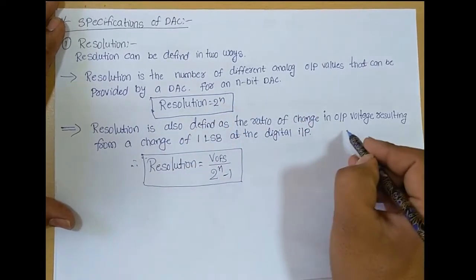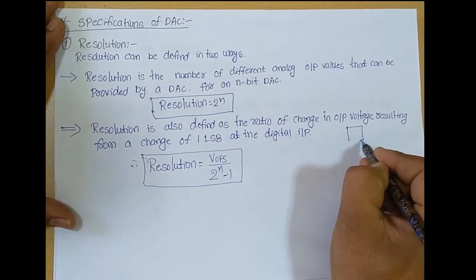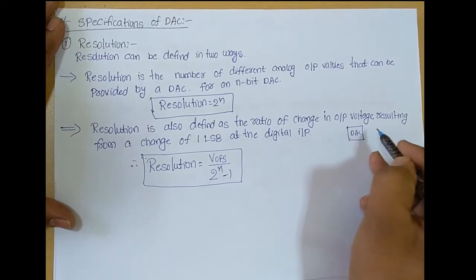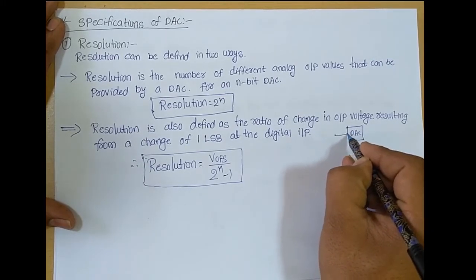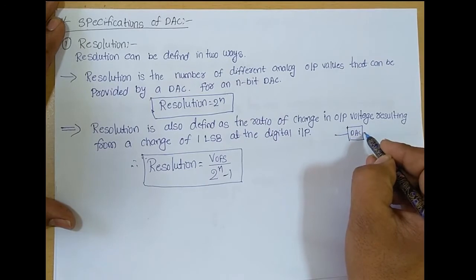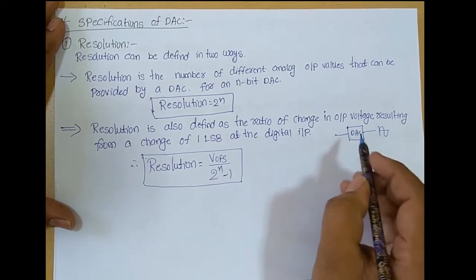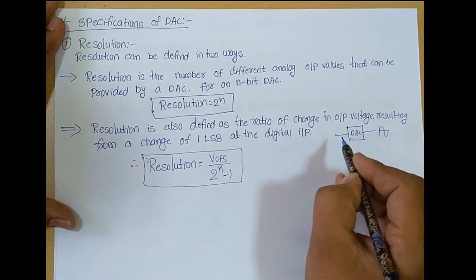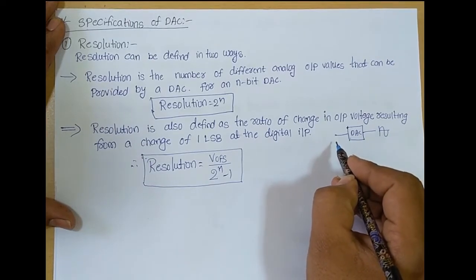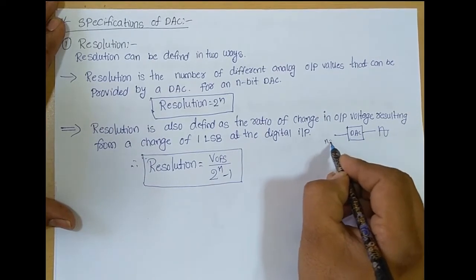It means that, for example, we consider the digital to analog converter circuit, and here we are giving the input as digital bits, and we get the output as the analog output signal. For example, the input has a total of 2 bits.